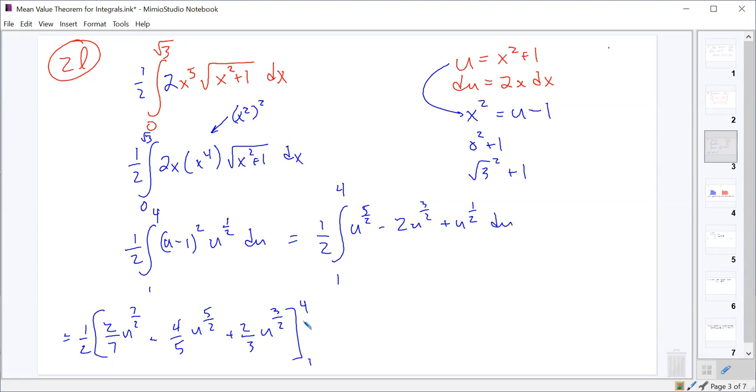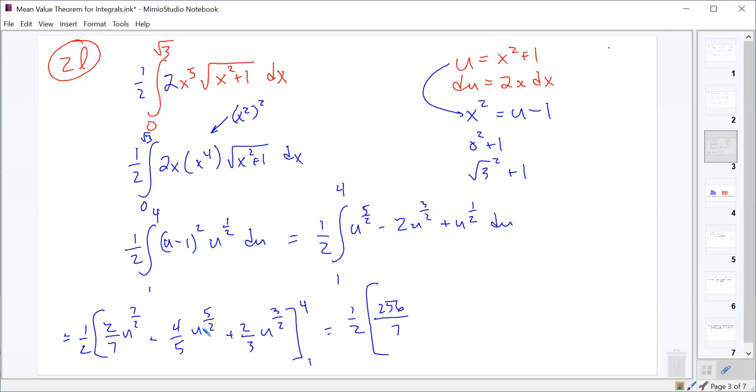And since this is a definite integral, we don't need to convert back into terms of x. So this just becomes 1/2 of, and then we've got the 4 goes in, so this becomes the square root of 4 is 2 to the 7th power is 128 times the 2 here is 256 over 7.